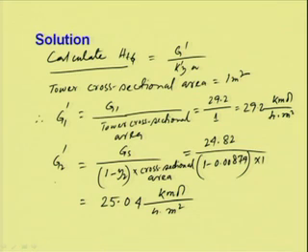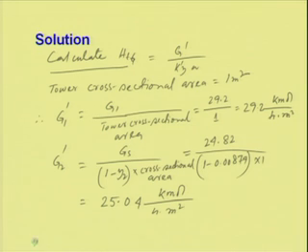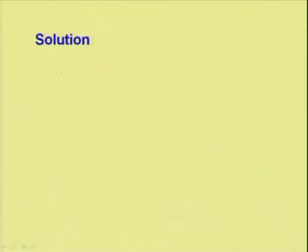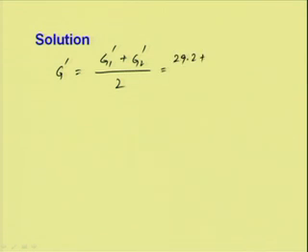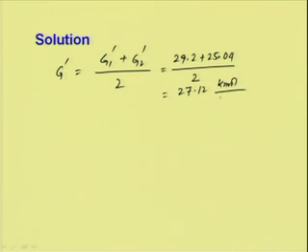Now, if we take the average of these two, that will be your average G dash over the tower. Therefore, G dash will be G1 dash plus G2 dash by 2, which is equal to 29.2 plus 25.04 divided by 2, which is equal to 27.12 kmol per hour meter square.